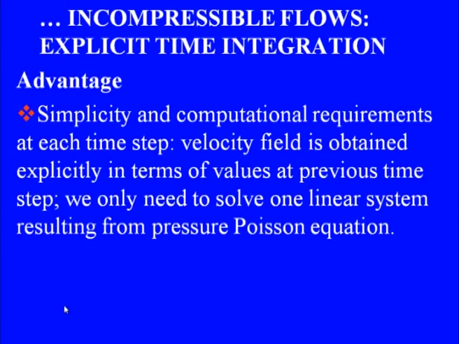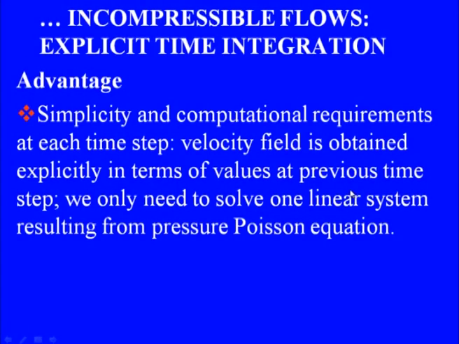The velocity component evaluation requires just a straightforward algebraic formula. So, the velocity field is obtained explicitly in terms of the values at the previous time step, provided we know the pressure. So, we have to solve only one system of linear equations, which results from the pressure Poisson equation. The implementation of this explicit solver is pretty straightforward.